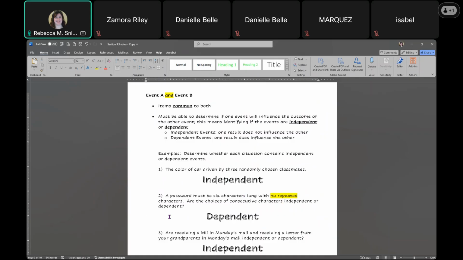For example, if I started my password by making my first choice the letter R, then my second character could no longer be the letter R because I've already used it. Therefore, the pool that I had to pick from has reduced. And that is what dependent events do. Okay.